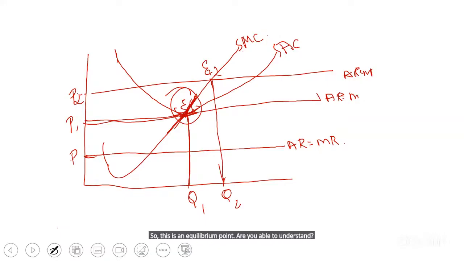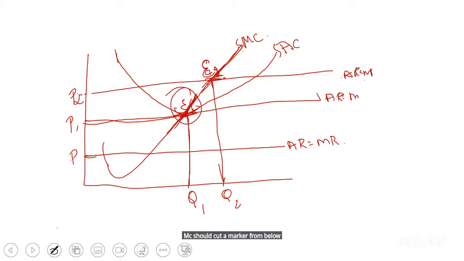Let's check with this. Why did I call this another equilibrium point? MC should be equal to MR. This is MR because this is AR and MR, right? So first condition fulfilled. Second condition, MC should be increasing. Yes, MC is increasing. Third condition, MC should cut the MR curve from below.